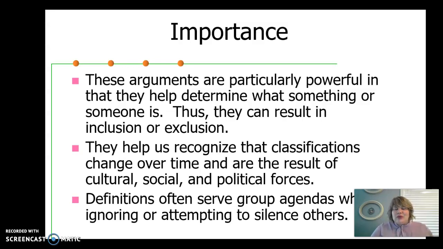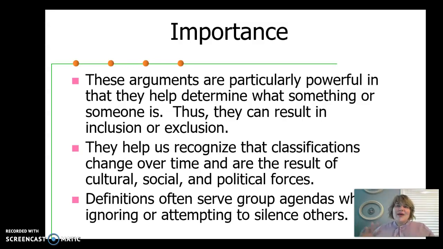So you only have to look at words that we no longer use because we know those words are hurtful and damaging because they've taken on definitions of traumatic negativity. And so these are things that are constantly happening and changing over the course of time. And definition argument tries to crystallize on those moments and tries to show you, well, here's how that's happening.